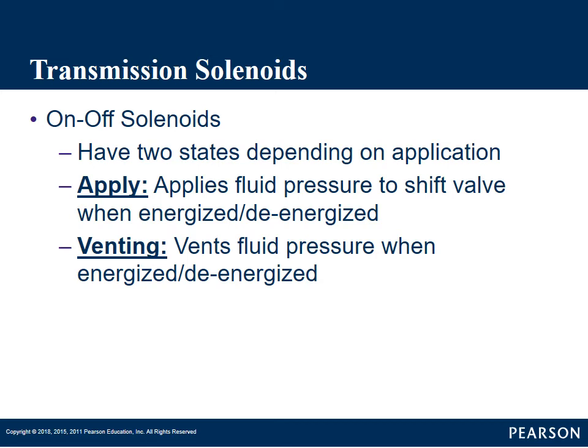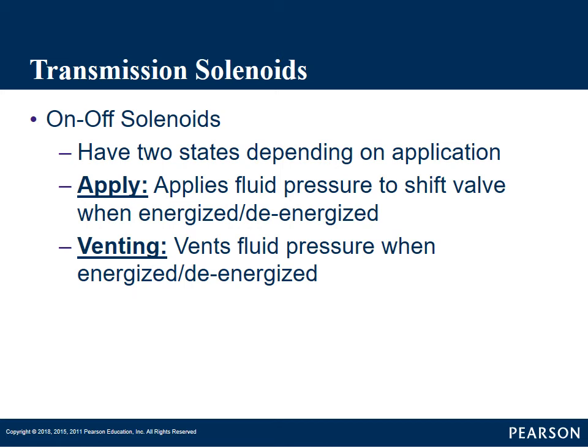On-off solenoids have two states, depending on the application and the manufacturer: an apply state or a venting state. An apply state means that fluid is applied to the shift valve when it's energized or de-energized. In other words, there's no fluid there, then they apply fluid to move the shift valve.